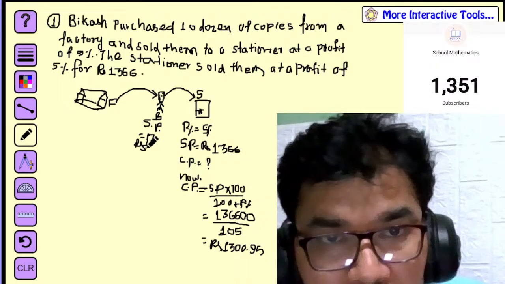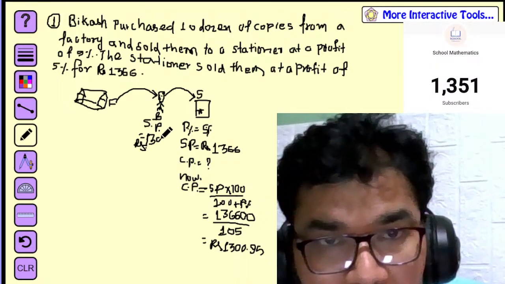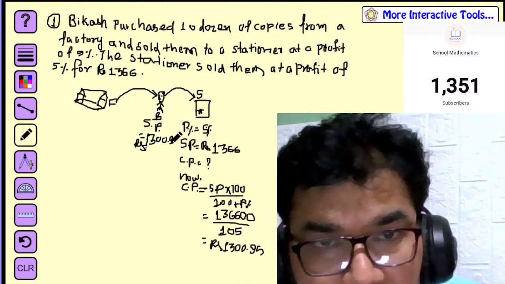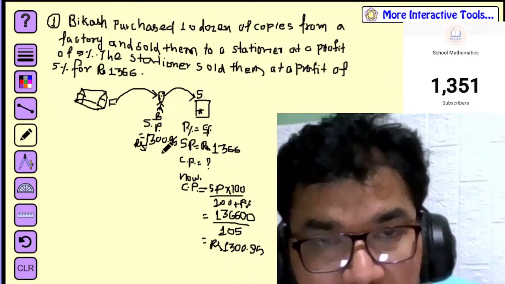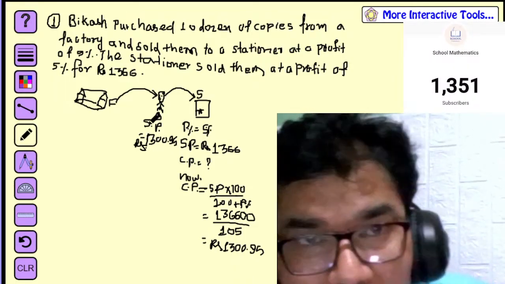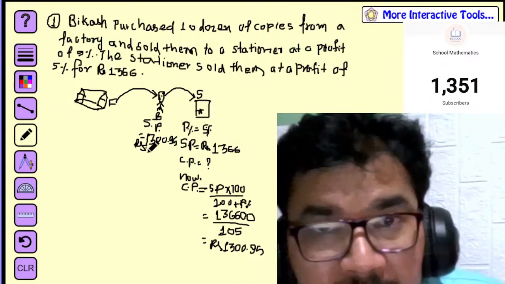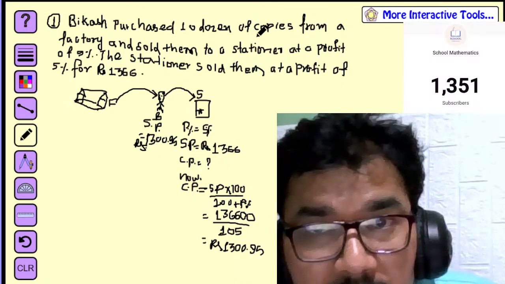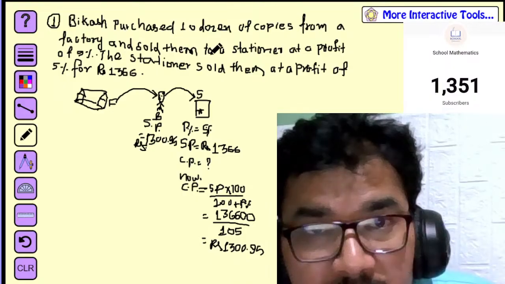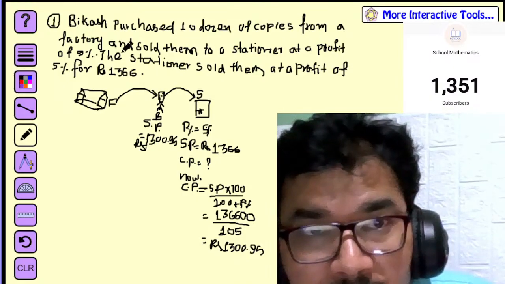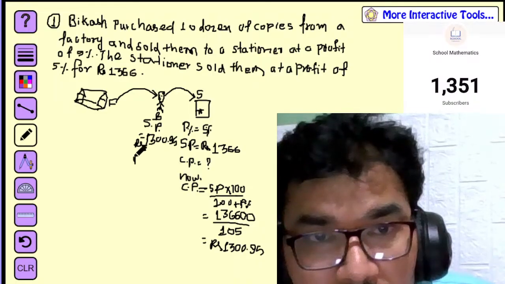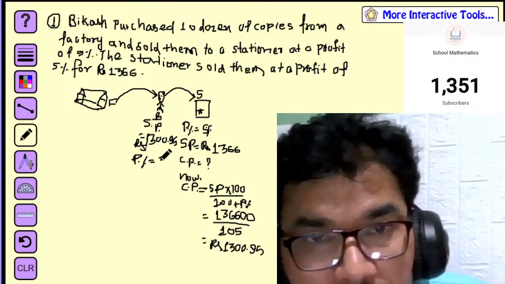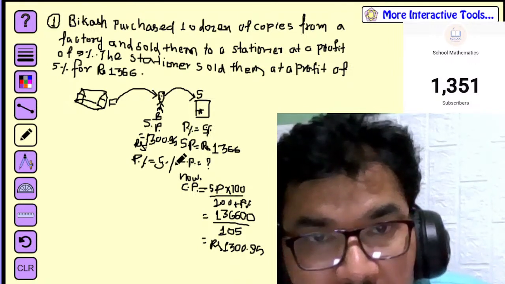Don't forget to write rupees. And for him also it is given that he sold to the stationer at a profit of 5%. Here also 5% profit is given.